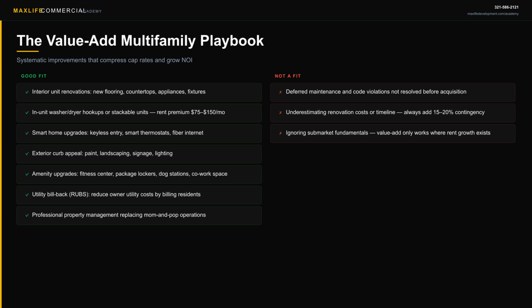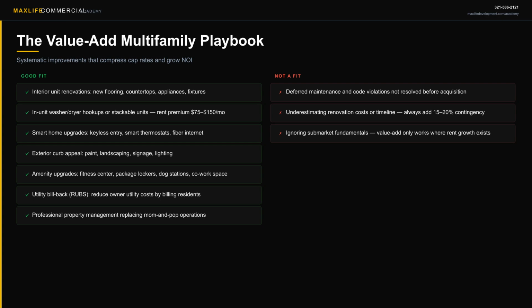The value-add multifamily playbook is about systematically converting a below-market asset into a stabilized institutional quality property that commands higher rents and trades at a lower cap rate, which translates directly to appreciation. Let's walk through the core levers.